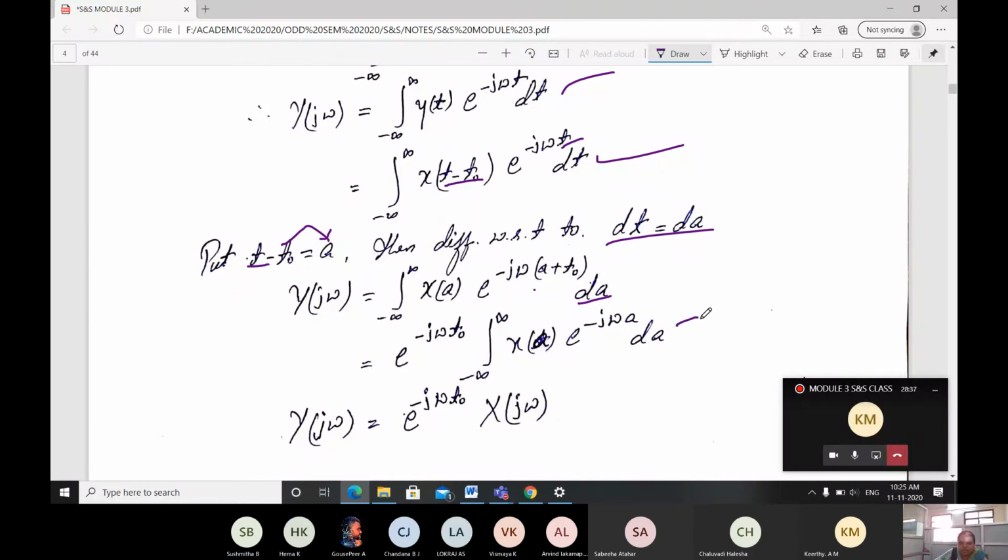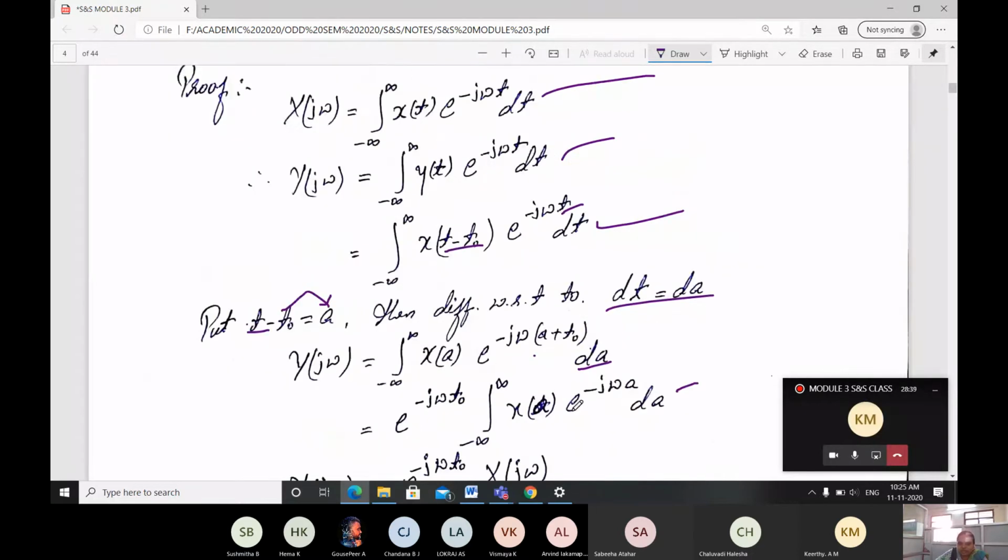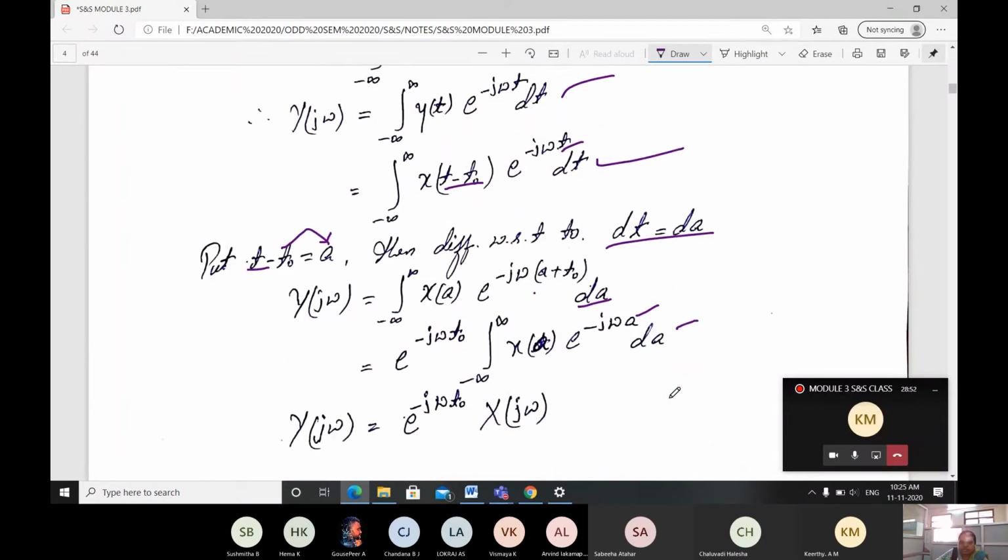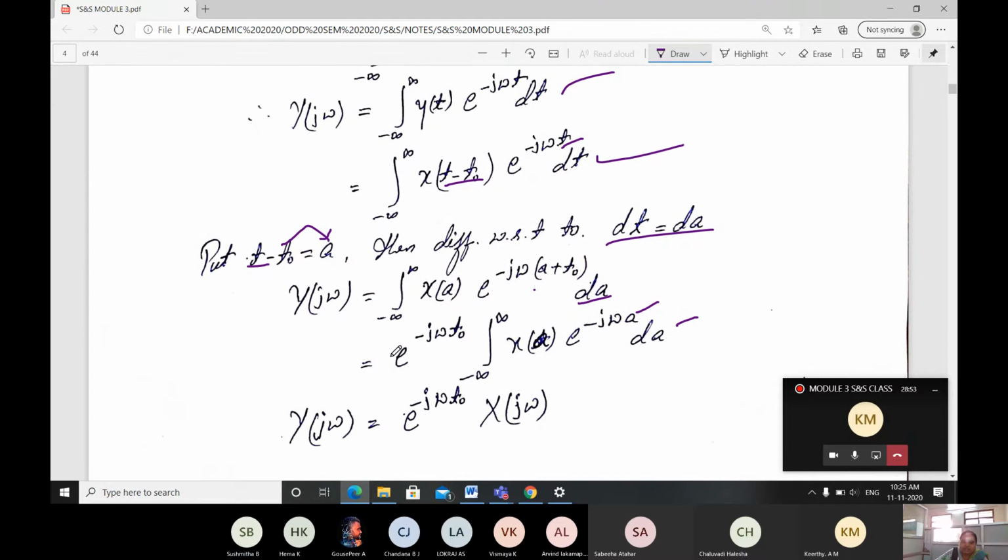If I compare this equation, instead of t here it is a, and instead of dt here it is da. So I can write e raised to minus j omega t naught as it is, and then the remaining equation is X of j omega.